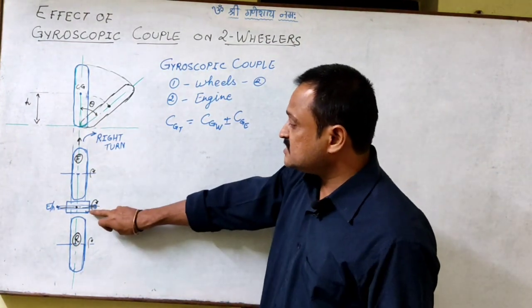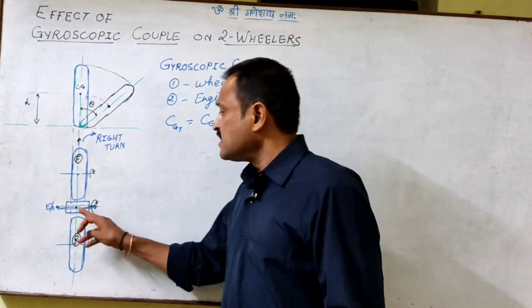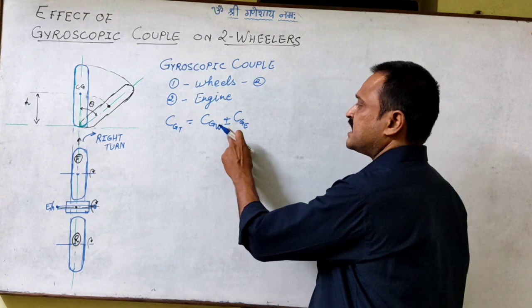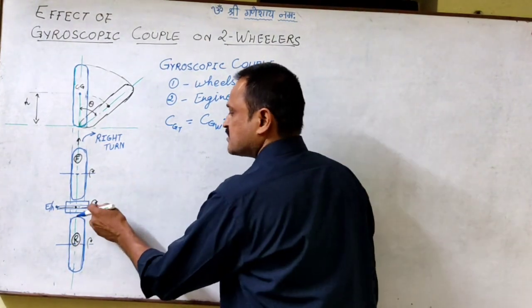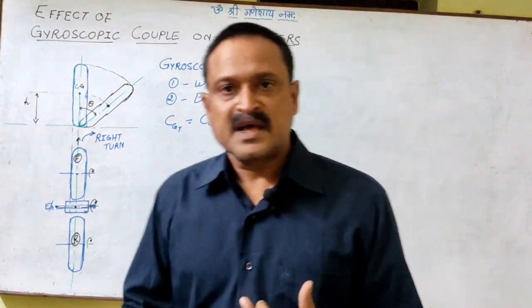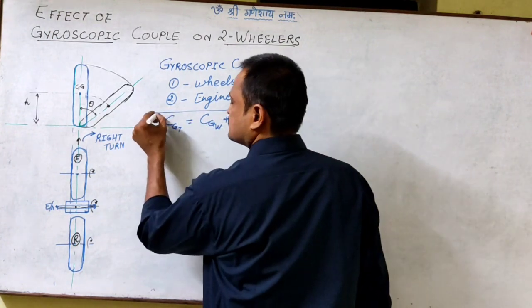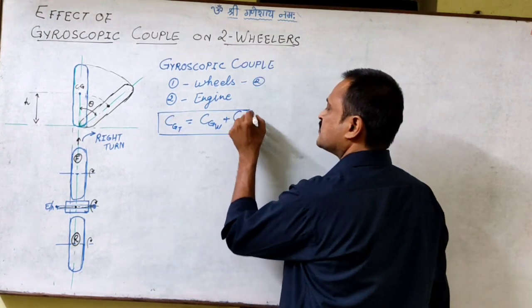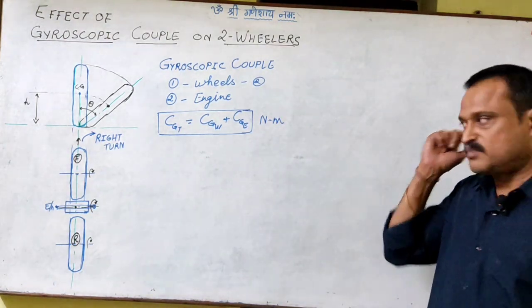If the engine is rotating opposite to the spin axis but parallel, then it will be negative, right? So here I consider both engine and wheels moving in the same sense, so I will take the addition of these two couples as the total gyroscopic couple.